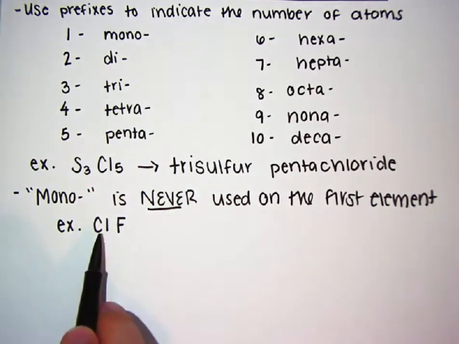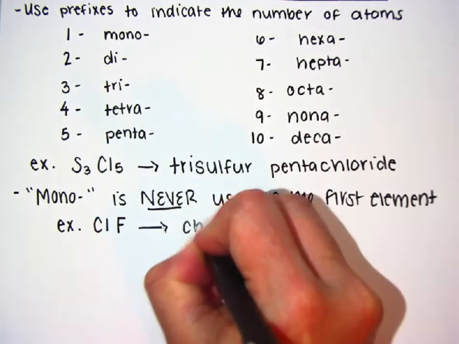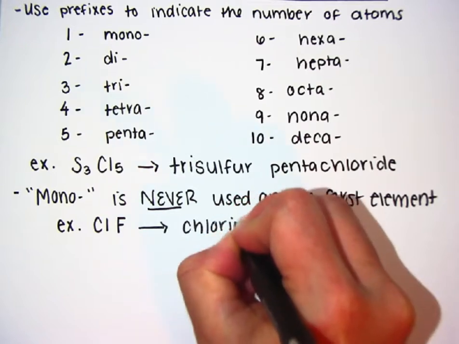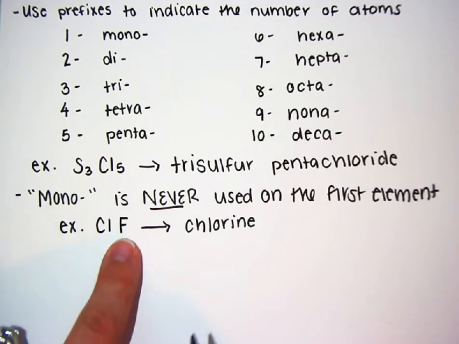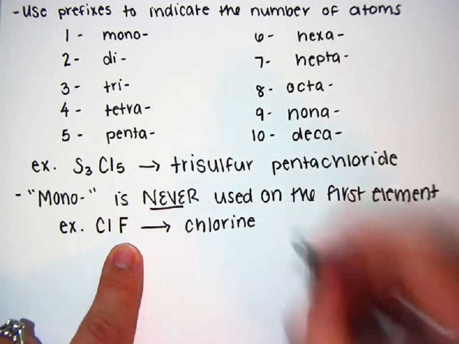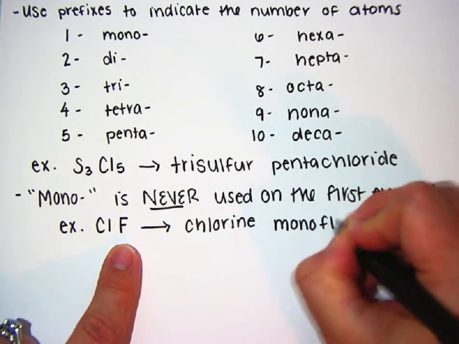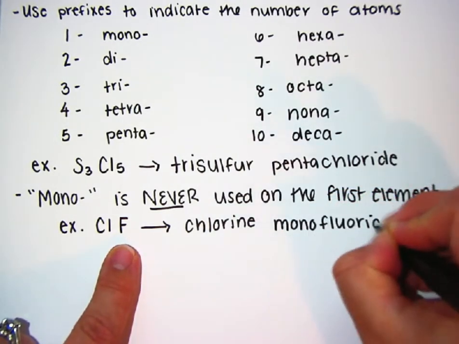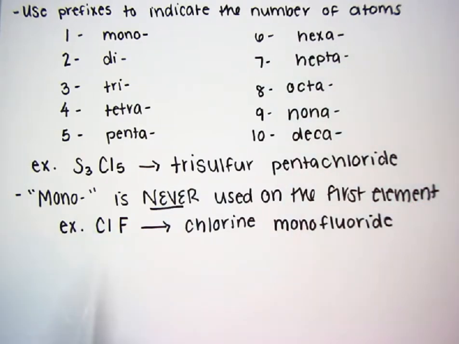I only have 1 chlorine, but chlorine comes first. Never use mono when there is only one of the first element. So I just write chlorine. I do not write monochlorine. We do use mono on the second element. So I only have 1 fluorine, so I'm going to use that prefix mono. And then again, we drop the ending and add IDE. This would be chlorine monofluoride.